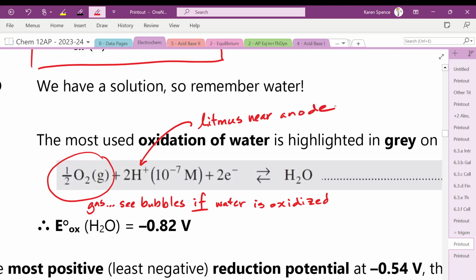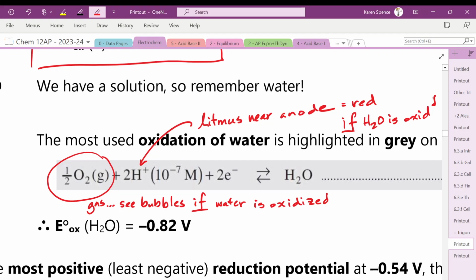If we put litmus near the anode, and if water is oxidized, what would we see?